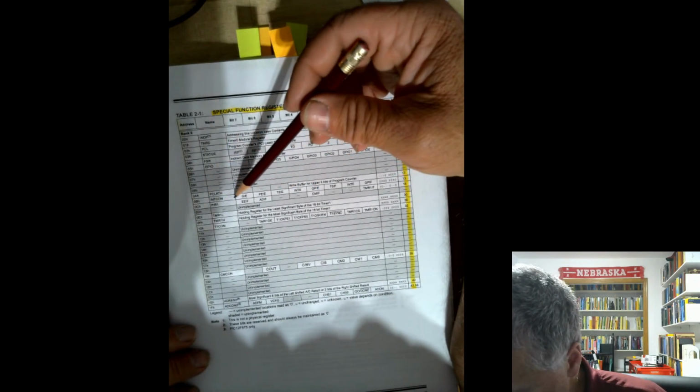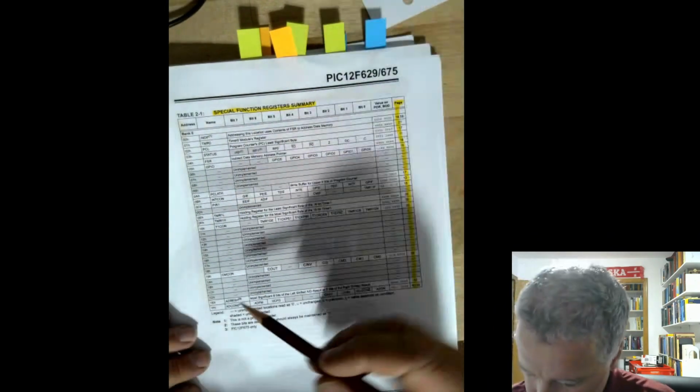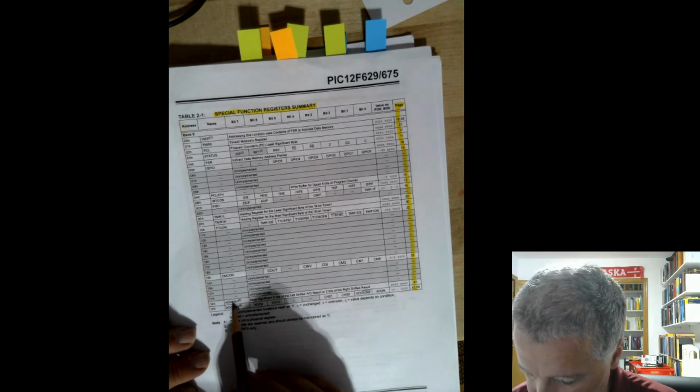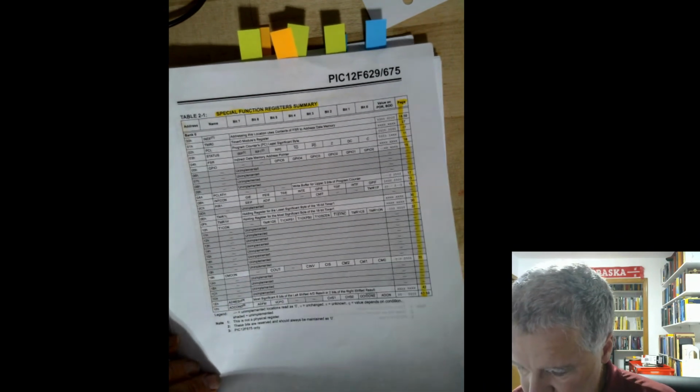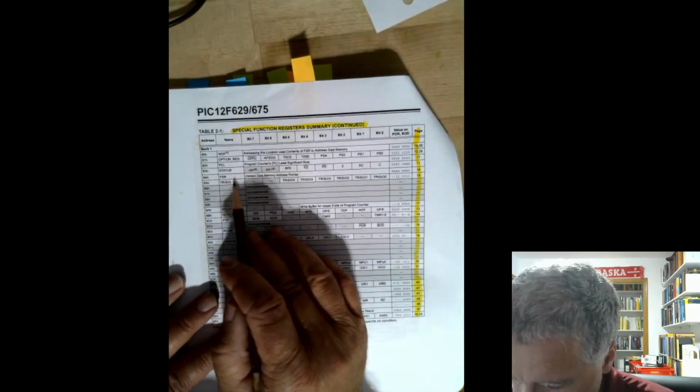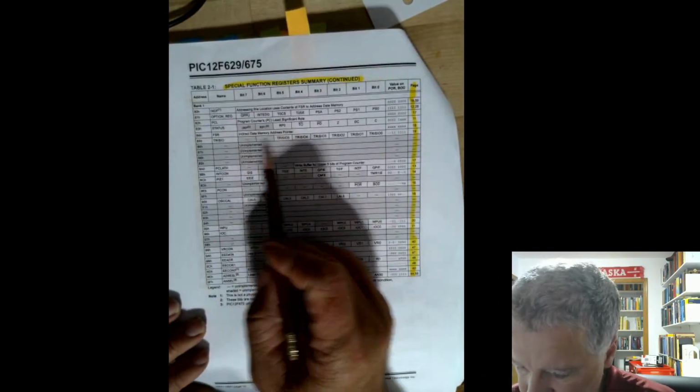Interrupt register here, and then this comparator register as well, and the A to D register down here. Over here. Oh yeah, here's the TRIS. Okay, so TRIS is over here.